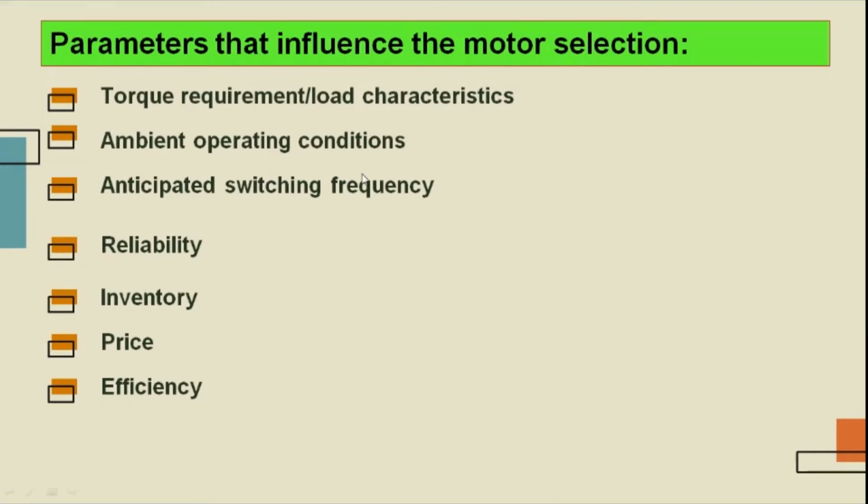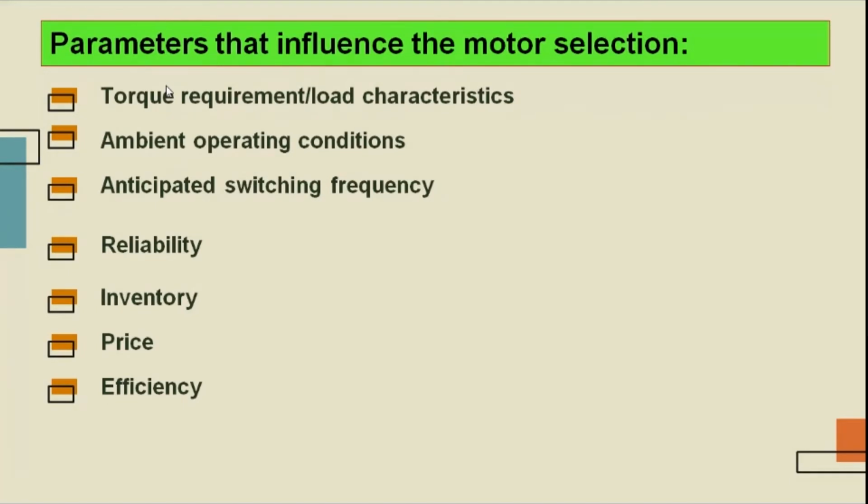depending on the torque requirement and the load characteristic requirement, let's say a 7.5 HP motor is the best suited motor. But instead of 7.5 HP, if we go for a lower HP motor, say a 5 HP motor, then the torque requirement is compromised. At the same time, load characteristics will also change.